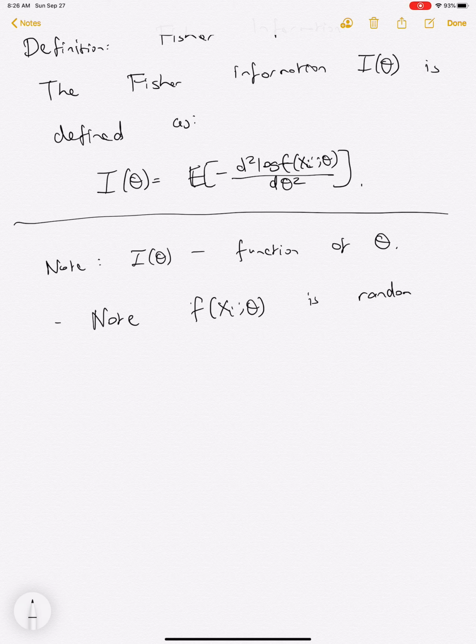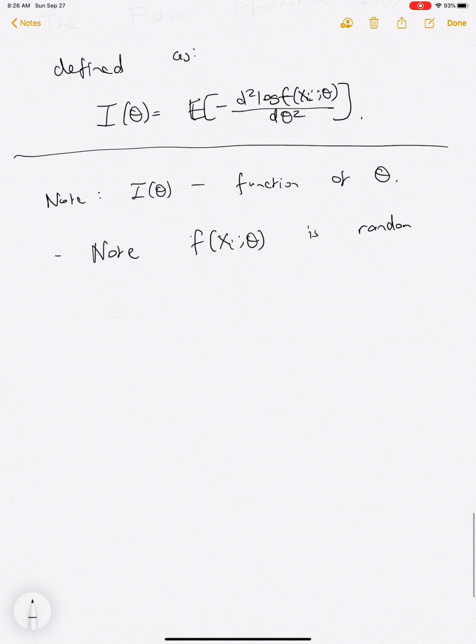What we're doing is we're noting that f of xi theta is a random variable since xi is a random variable.